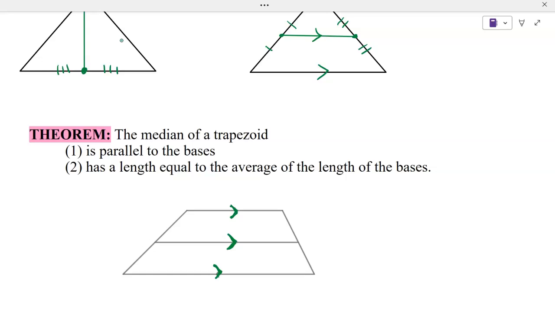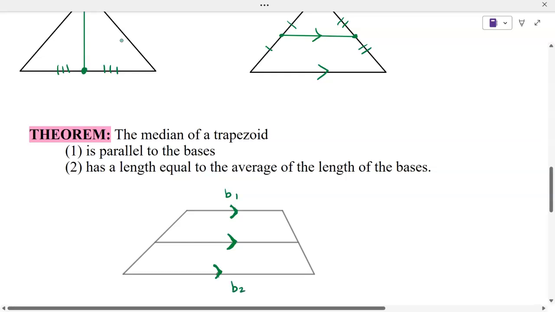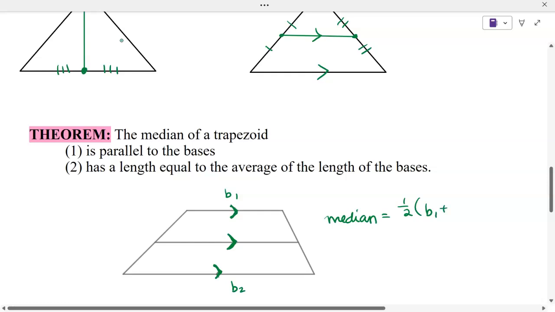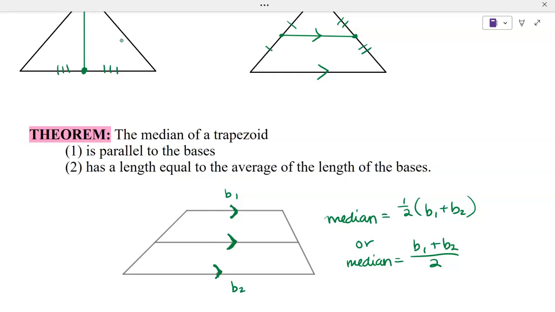Or one way to say this is that if I called this base 1 and this base 2, then our median here is going to be 1/2 of base 1 plus base 2. Or another way to say it is that the median is going to be base 1 plus base 2 over 2. And you may have remembered in the past when you've talked about area with trapezoids, we really do use this quite a bit, and it's built upon when we are coming up with areas of a trapezoid.